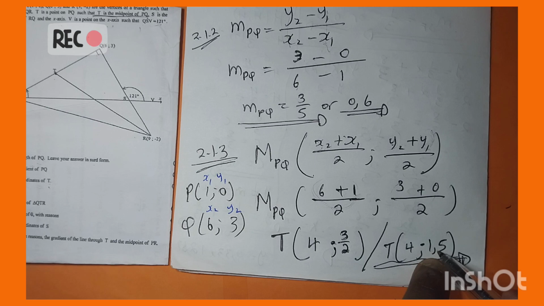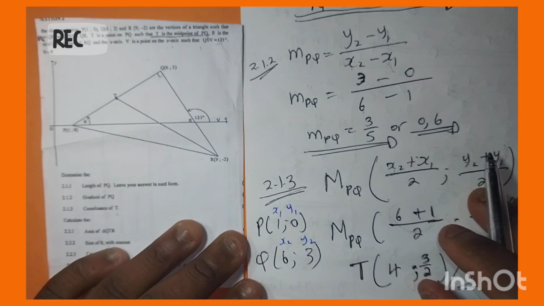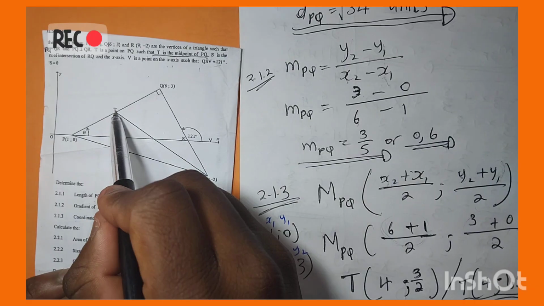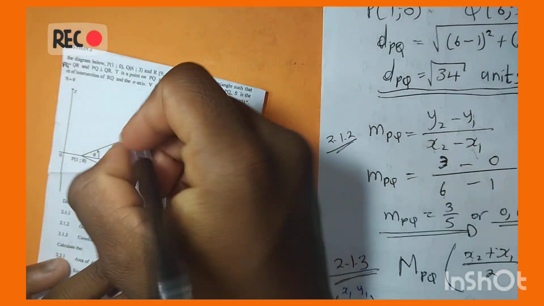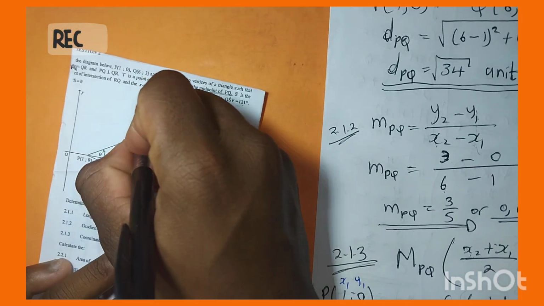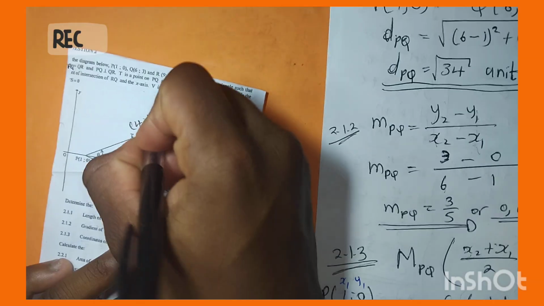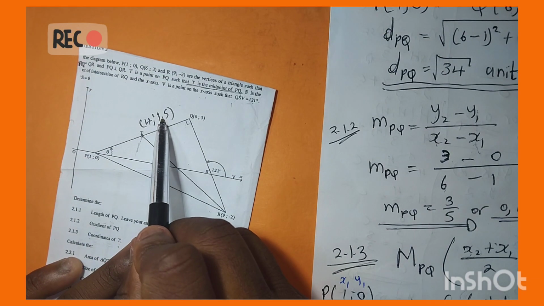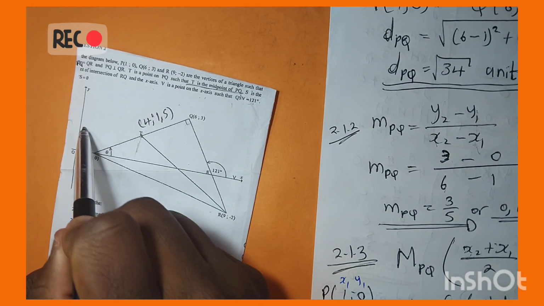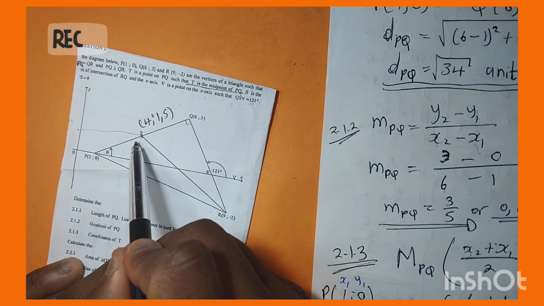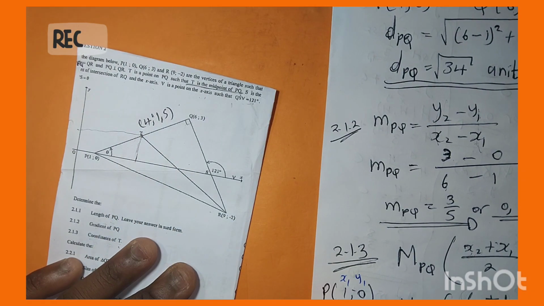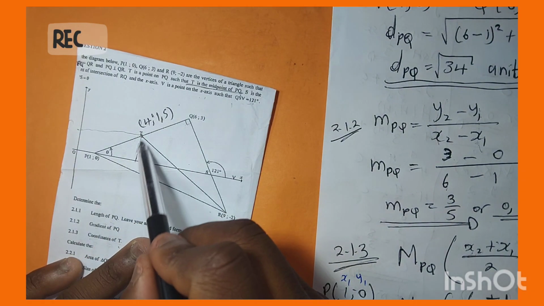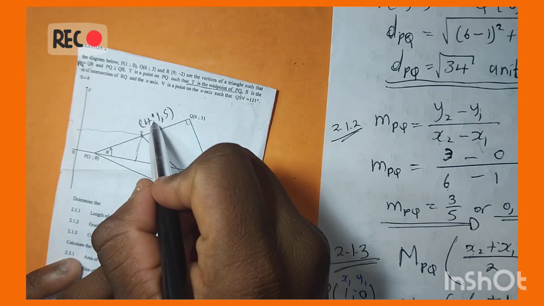The reason is that when you want to check on your Cartesian plane, you should be able to identify that point as (4; 1,5): 1,5 is the y value, which is here, and 4 is the x value, which is there. All of that should correspond with the Cartesian plane.